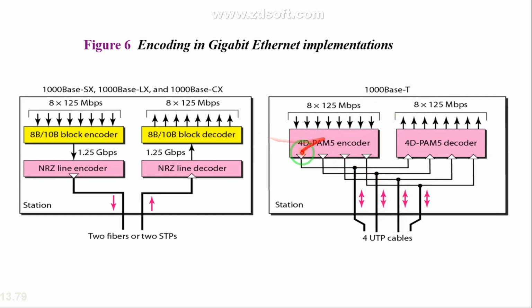And for that purpose, we are going to use this 4D-PAM5 encoding system, which is going to reduce the bandwidth. And all four wires are involved in both input and output, and each wire is going to carry 250 Mbps, which is the range of your Cat5 cable.